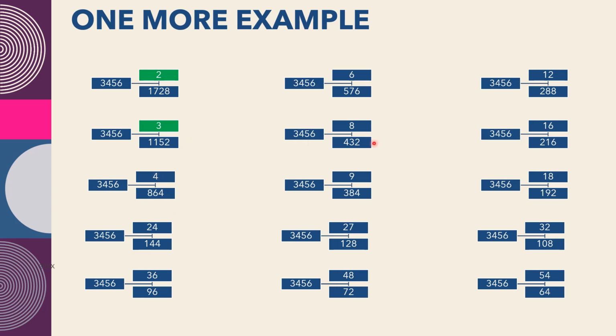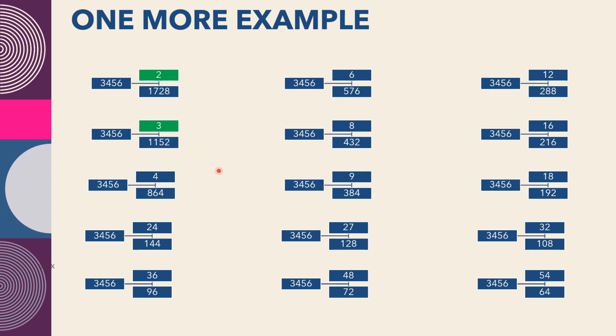But if you look at all the numbers, every number has factors. 24 can be 2 into 12, 27 can be 9 into 3, 9 can be 3 into 3, 16 can be 4 into 4 or 2 into 8, and so on. Every number has factors, but 2 and 3 don't have any factors. So these two are the only prime factors of 3456, and the largest prime factor is 3. That's why 3 is the answer here.